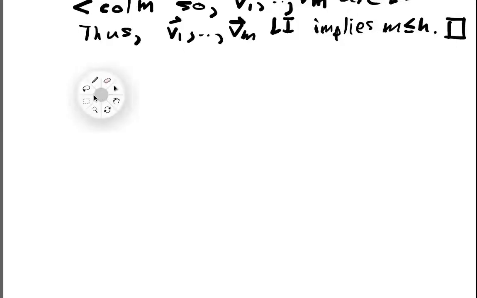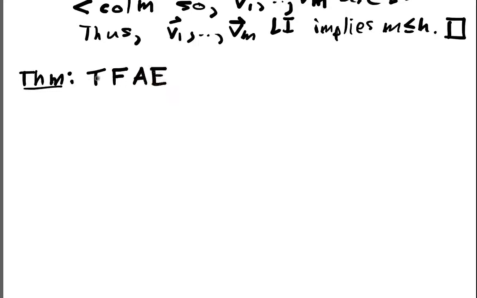Now it's nice to have a theorem that collects together a bunch of different facts. So theorem: the following TFAE are equivalent. And this comes up enough that we actually want an acronym for it. A, v1 up to vm in Rn are linearly independent.